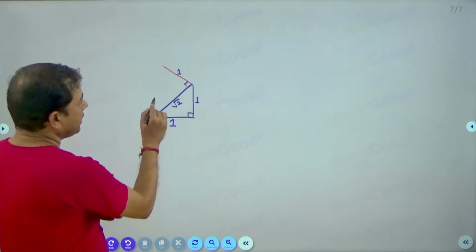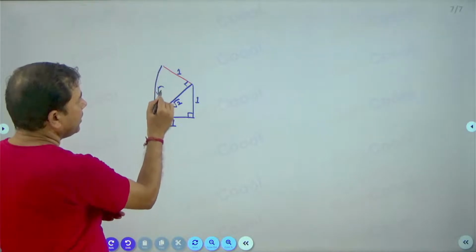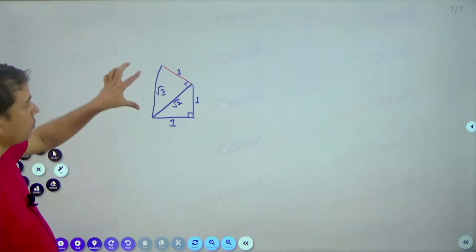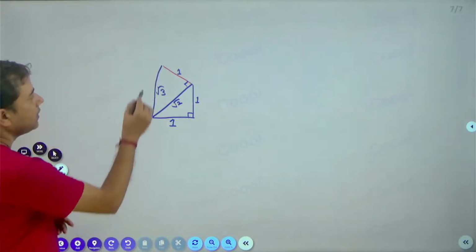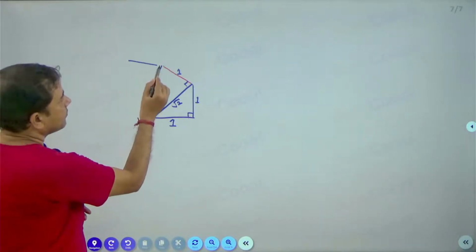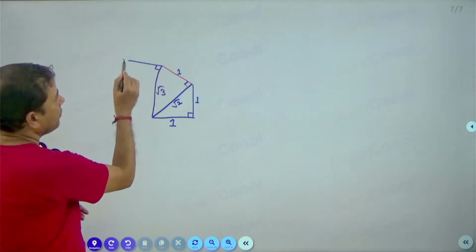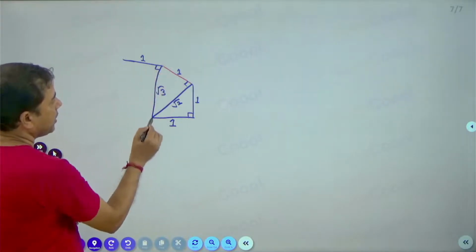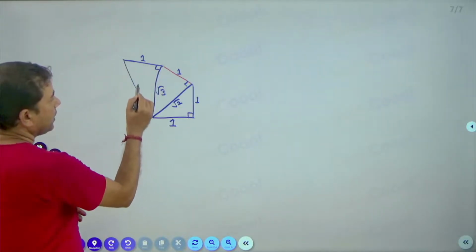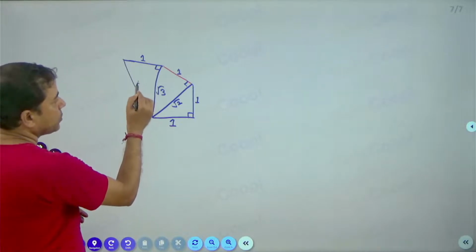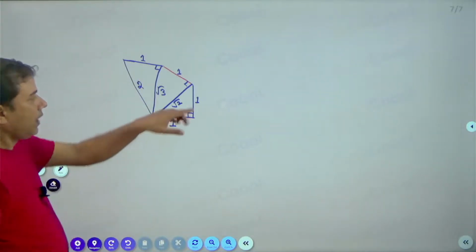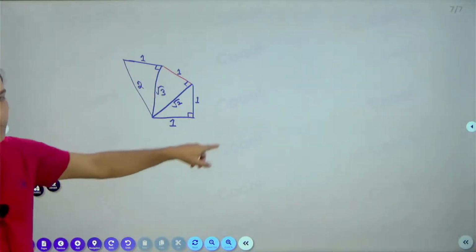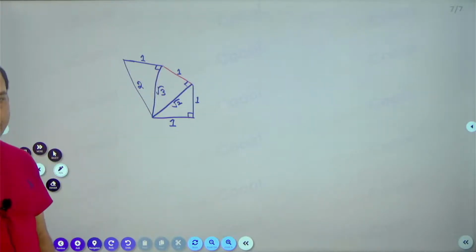Now join this. You got root 3. Now at root 3 length line, draw another line making 90 degree of 1 unit again. Every time this length will be 1 unit. And you are joining it now. You are getting root 4, that is 2 units. And so on, you will increase. It will be a spiral. Yes, sir.